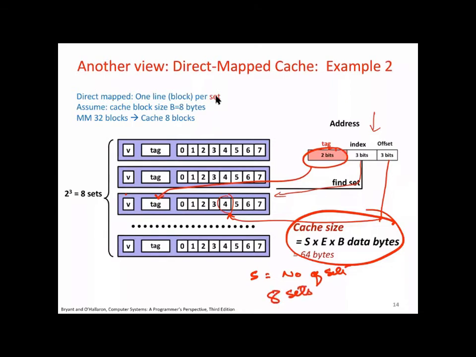E is the number of blocks, or lines, we have per set. So we have one block per set, and each block has how many bytes? 8 bytes. So we have a total of 64 bytes. This is how we calculate, exactly the same thing we have written here.